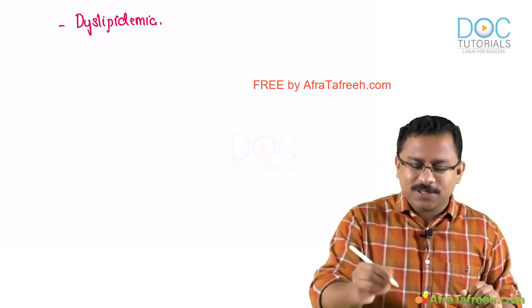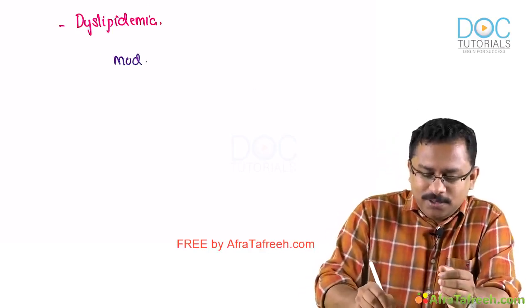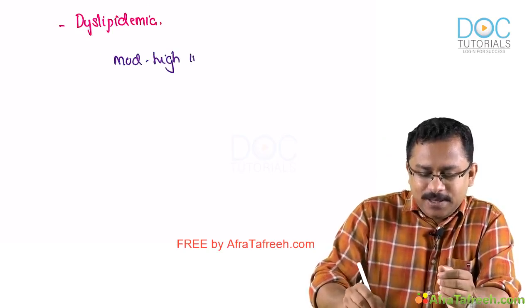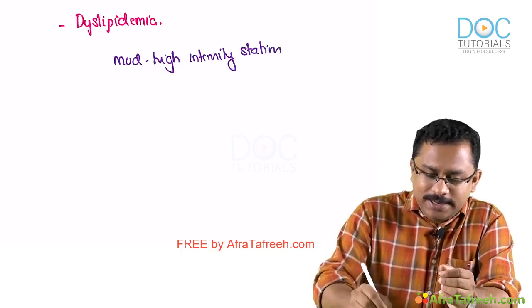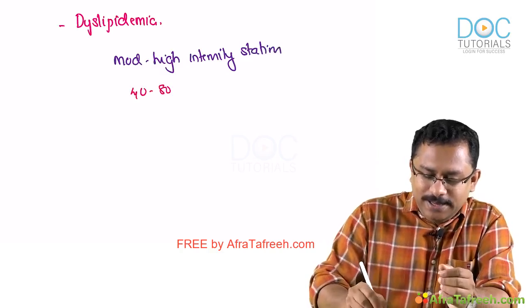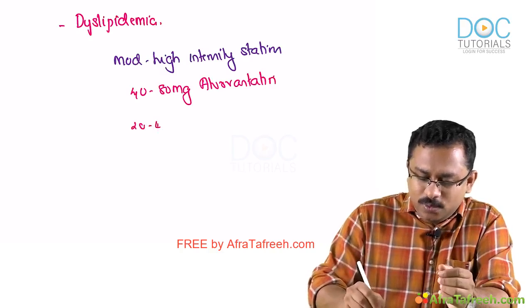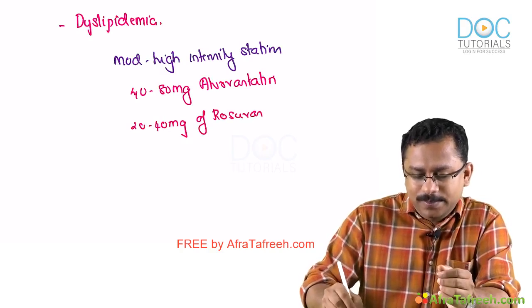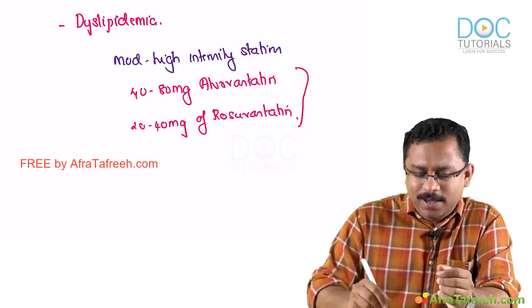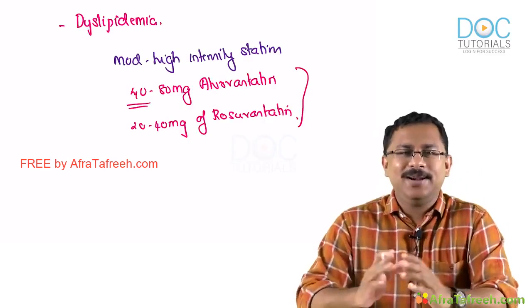In patients with chronic stable angina, it is always advised to have moderate to high intensity statins, which means around 40 to 80 milligram of atorvastatin, or say 20 to 40 milligram of rosuvastatin. So that is what is recommended. Mostly we go for 40 milligram atorvastatin. So you have got to manage the dyslipidemia.